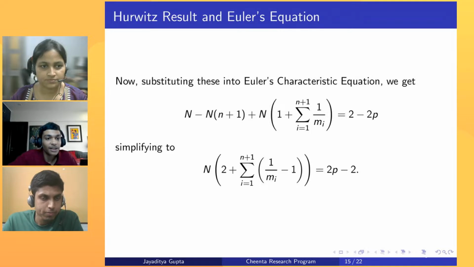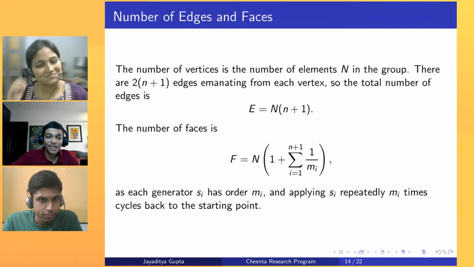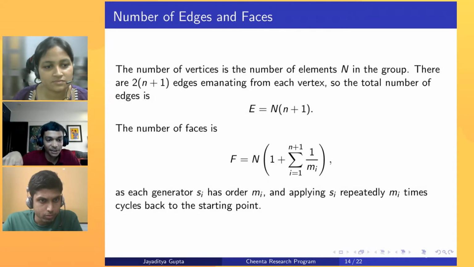And for the number of faces, we notice that if we apply the generator S_i m_i times, we come back to the same element. So the group action just creates a subdivision of the surface with N by m_i different faces.